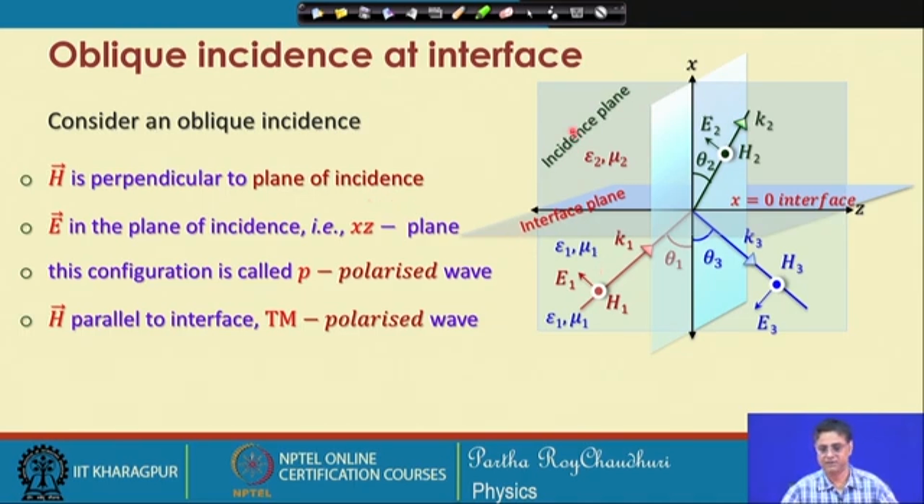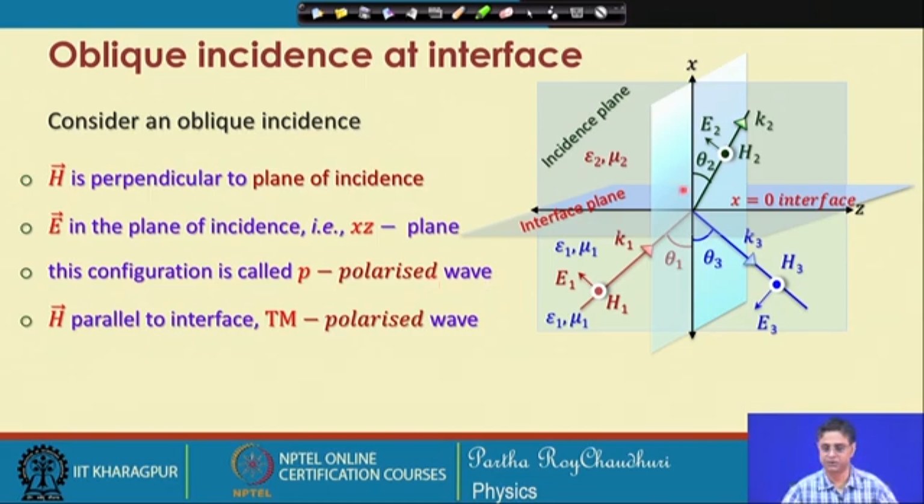By plane of incidence, we mean this plane. So, the magnetic field lines are out of the paper, that is perpendicular to this board, and electric fields are lying in the x z plane. Such a configuration is called a P polarized waves configuration.